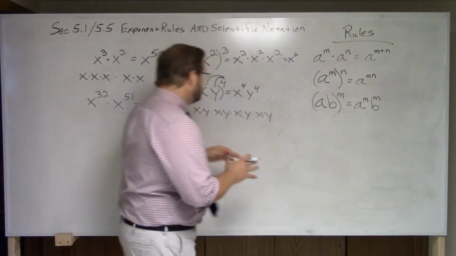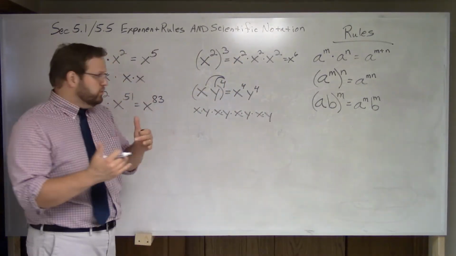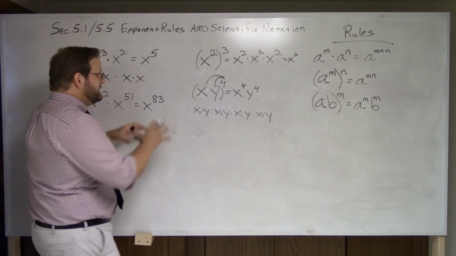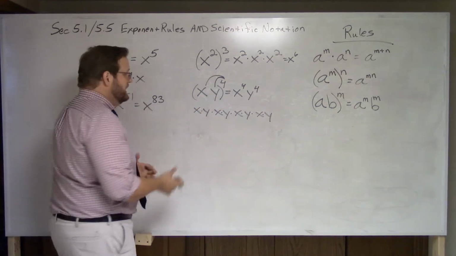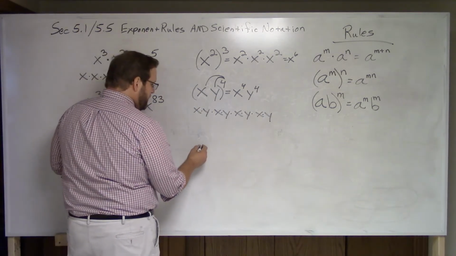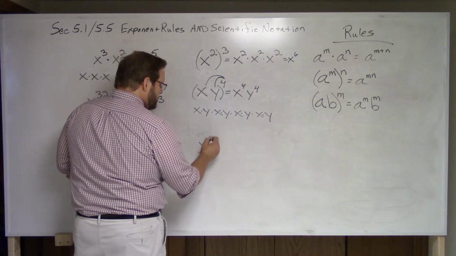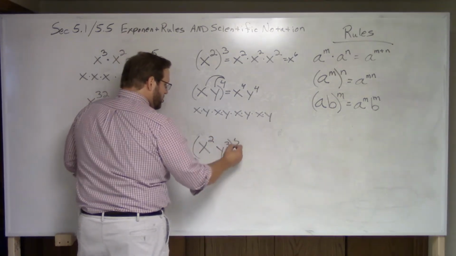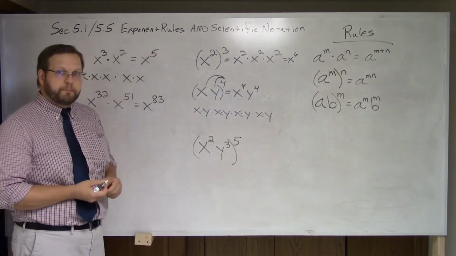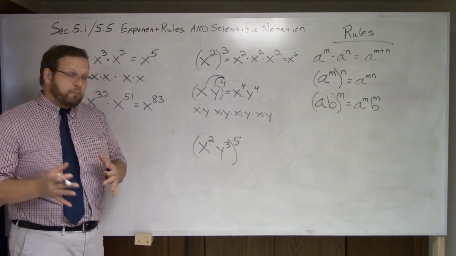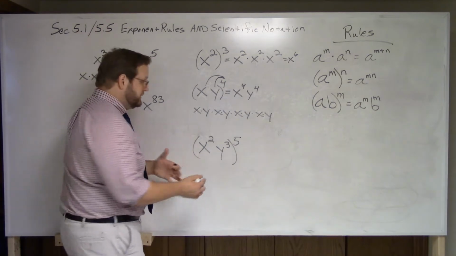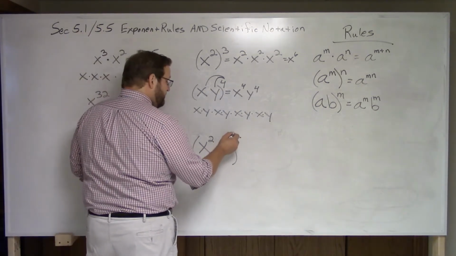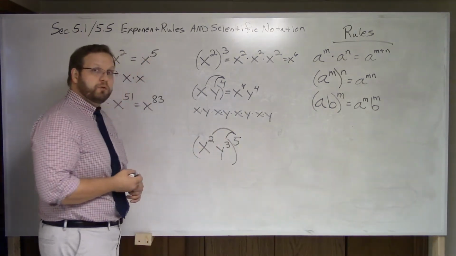Okay? Now, before we go on to another rule, let's kind of pull some of these together. Let's say we have x squared y cubed and that whole thing to the 5th. Now, remember, the rule we just had tells us to put that 5th power onto both of those.